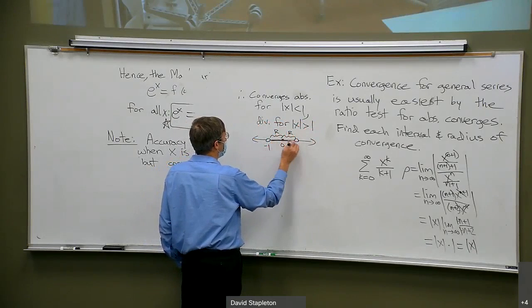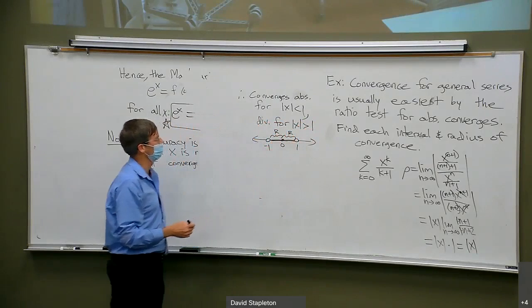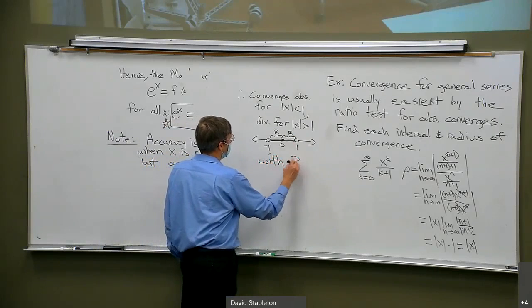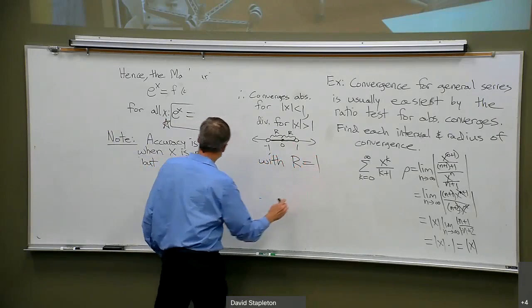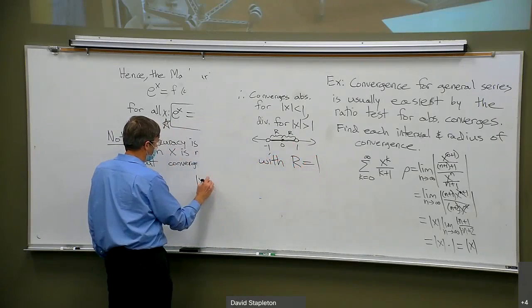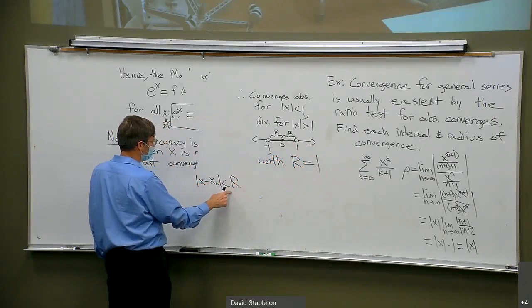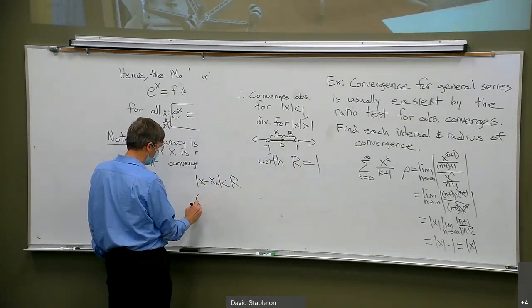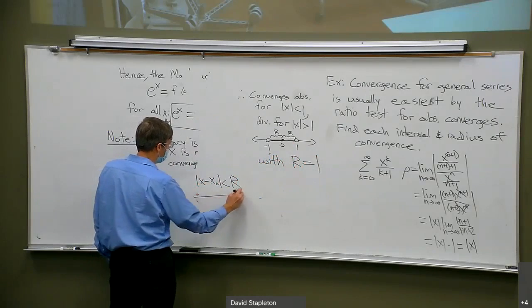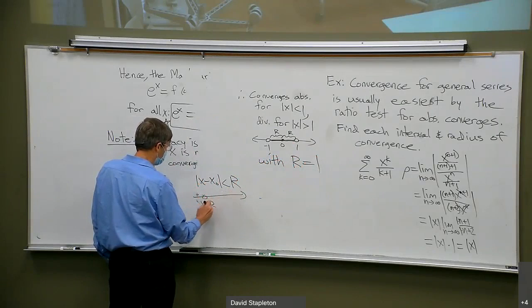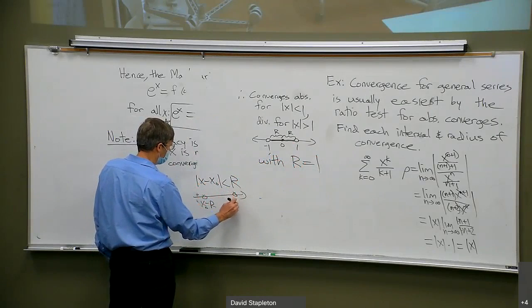It converges on this interval. Then we have to check the endpoints separately. So the radius of convergence is 1. I should point this out. Whenever you have |x minus x0| less than r, this is a circle of radius r. It means it converges on the interval from x0 minus r to x0 plus r.